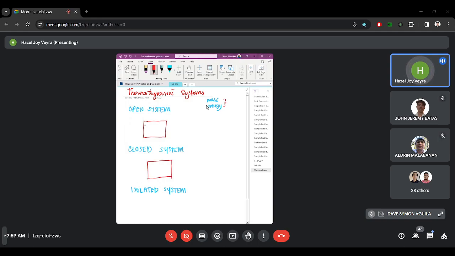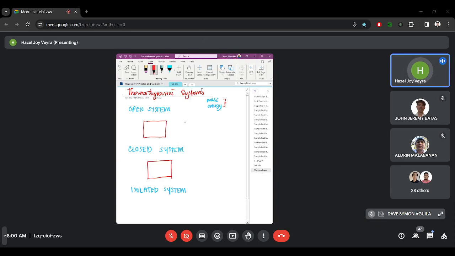So in an open system, class, mass and energy ay pwede siyang mag-cross sa boundaries ng isang open system. Madalas na example dito being given sa mga problems is yung mga turbines natin, no? Di ba yung mga turbines is meron tayong input doon na mass and then nag-create siya ng work.